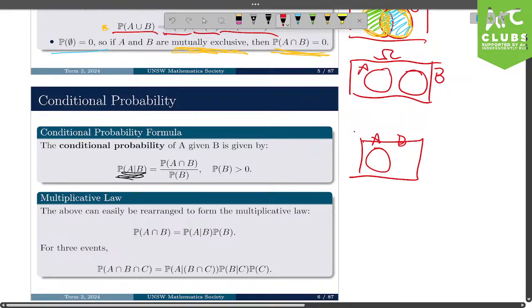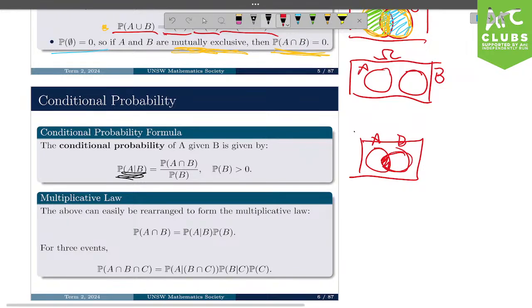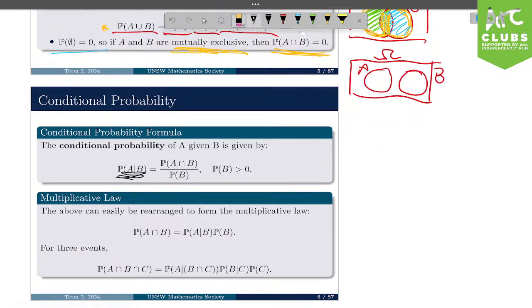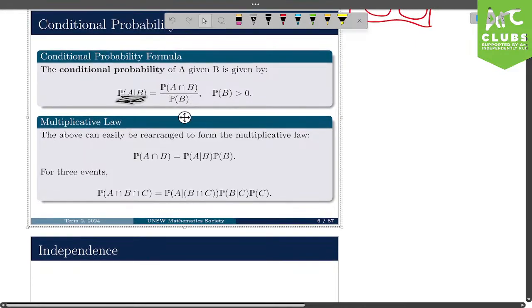And so the probability of A just becomes the ratio of this area to the area of the whole B space, which we already know we're in. That's just a quick little sanity check.